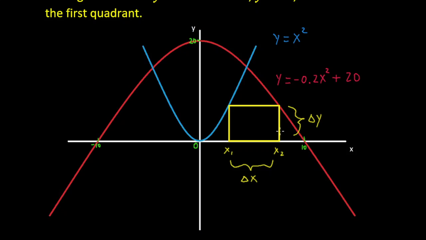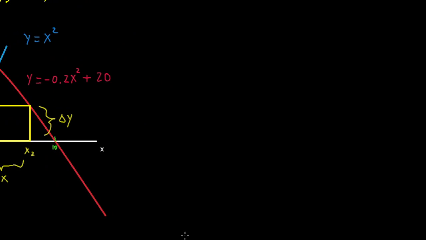So what we should do now is to find out the value of y at the intersection of the two curves. How do we do that? We just put these two equations and set them equal to each other. So we have x squared, the first equation, equals negative 0.2 x squared plus 20.